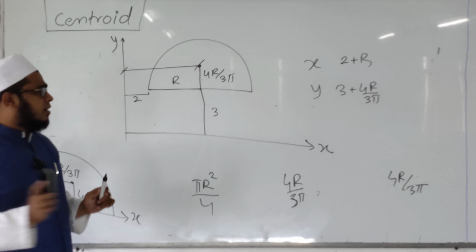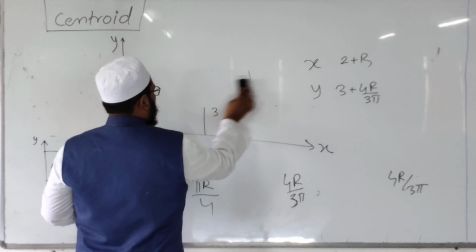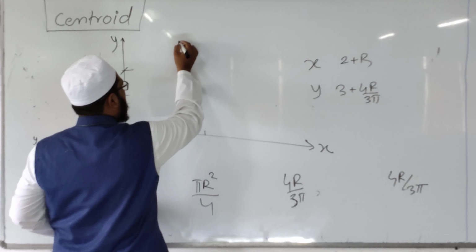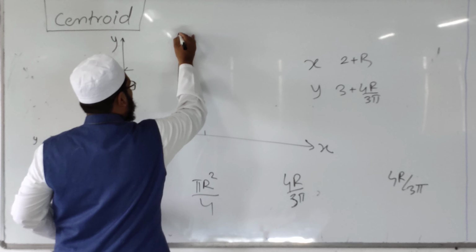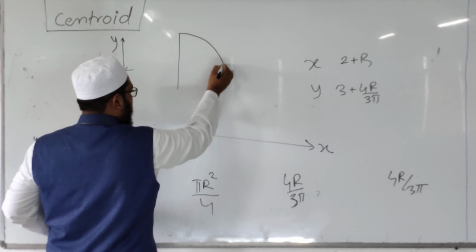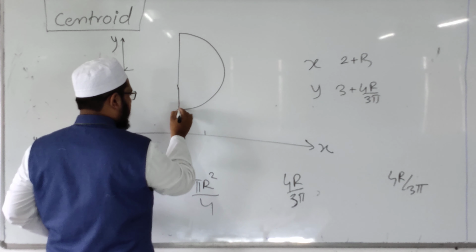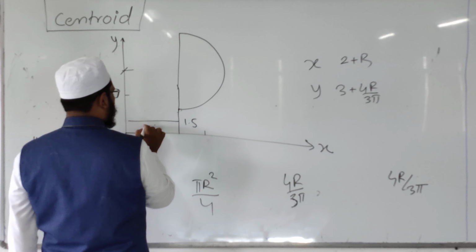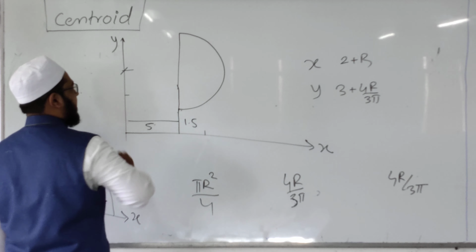And it is not compulsory that the semicircle will always have the same position. It may be like this. If this is 1.5 and this distance is 5, x and y.